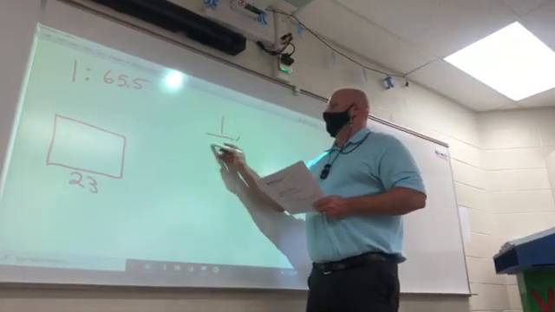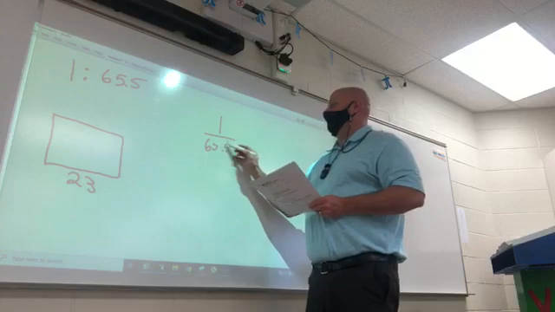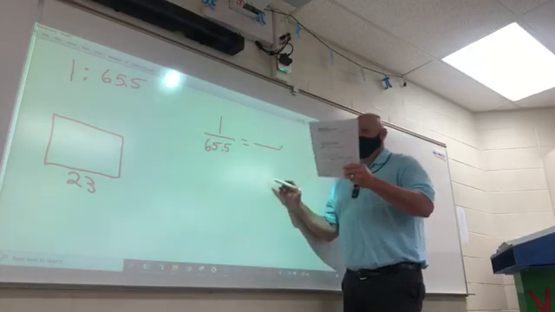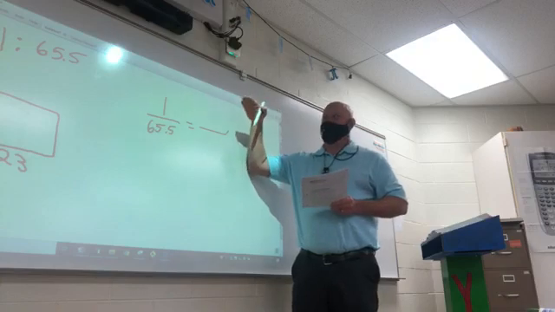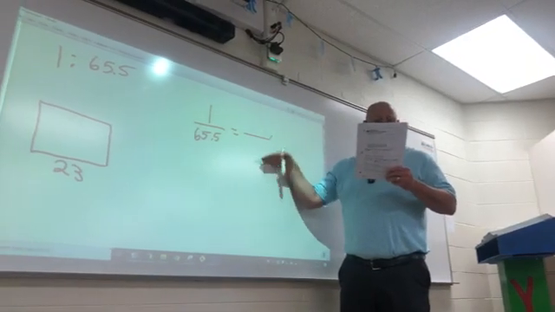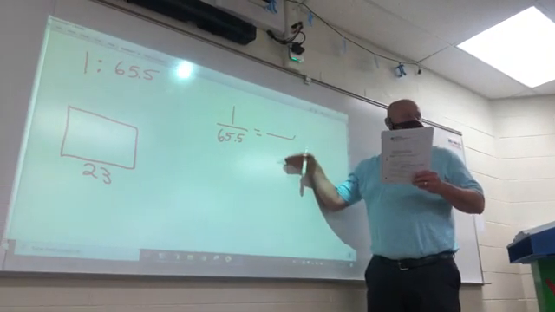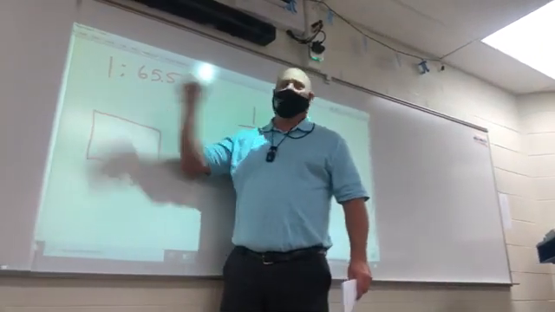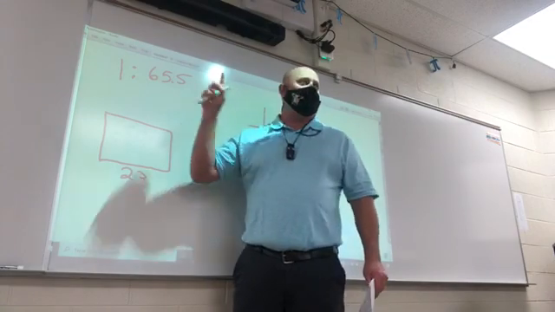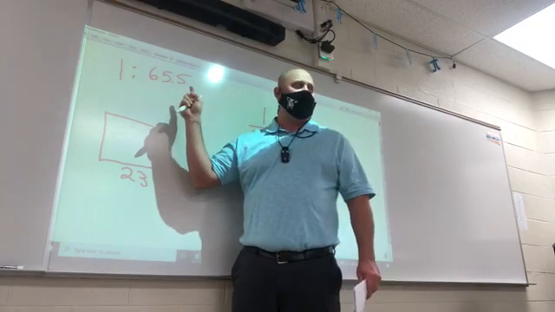1 is to 65.5 as, but where does the 23 go? Top or bottom? One of these is going to be the model length, one's going to be the actual building length.